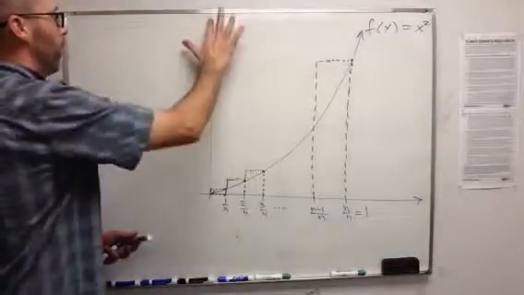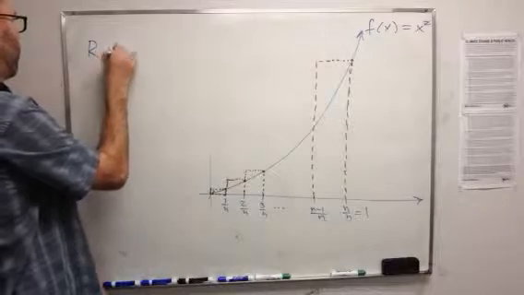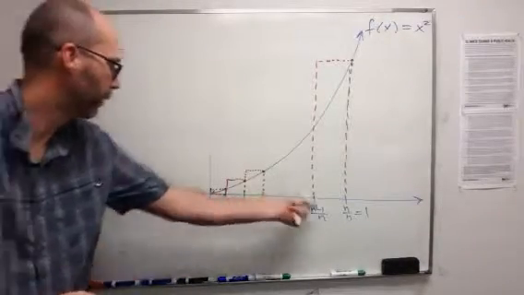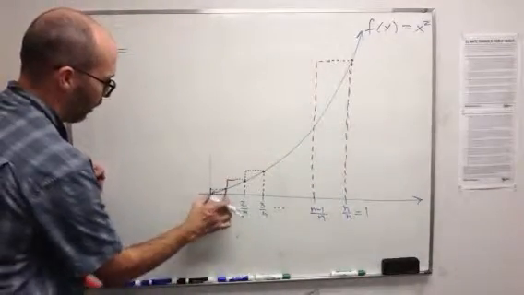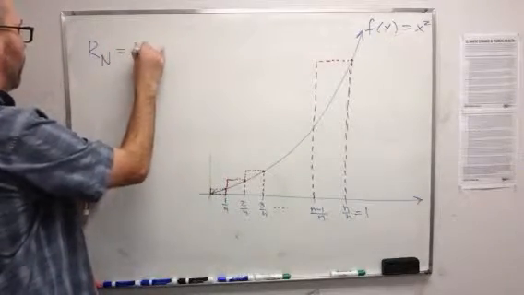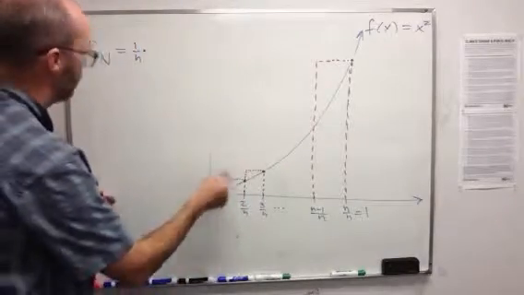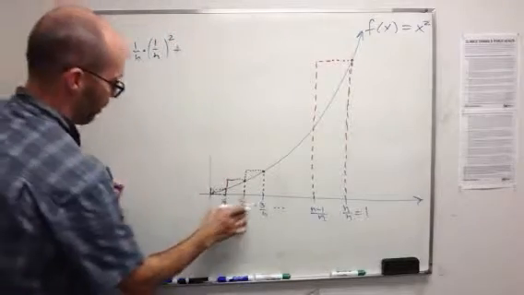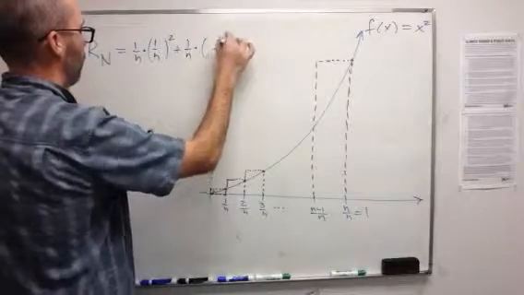Okay, so now our Rn is the area of each of these rectangles added together, or the sum of the areas of these rectangles. This one has width 1 over n, and his height is 1 over n squared. Plus again, 1 over n times 2 over n squared.